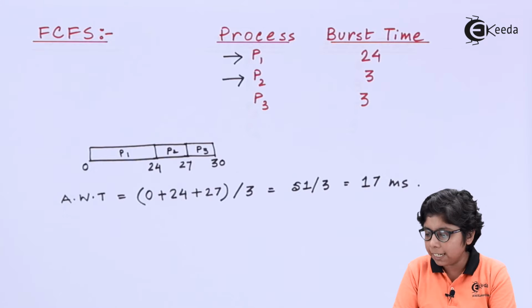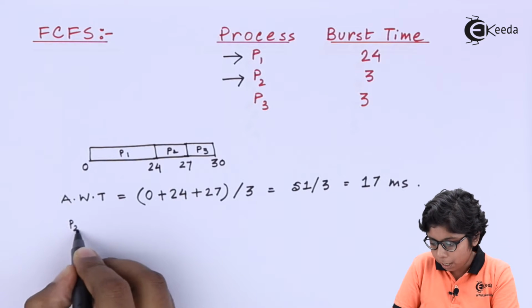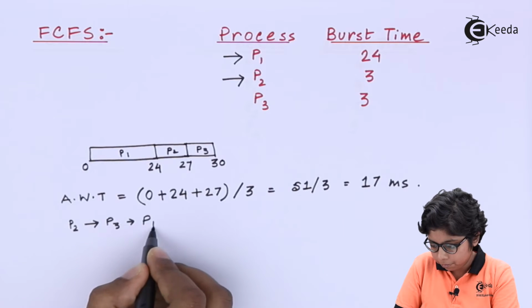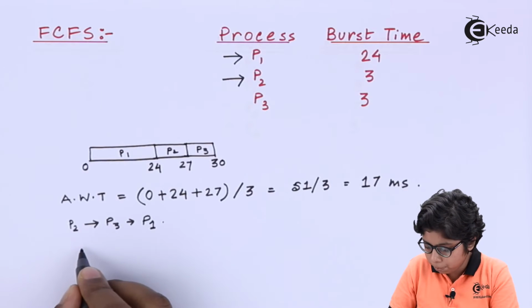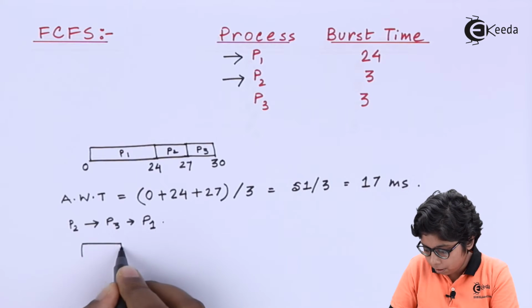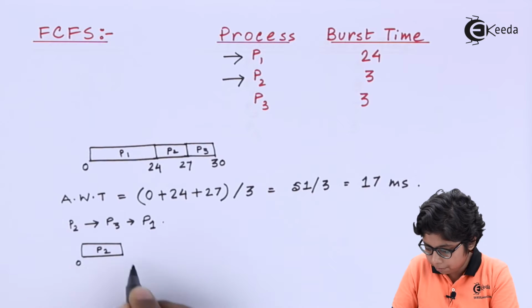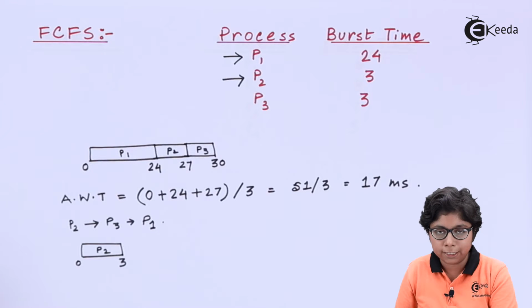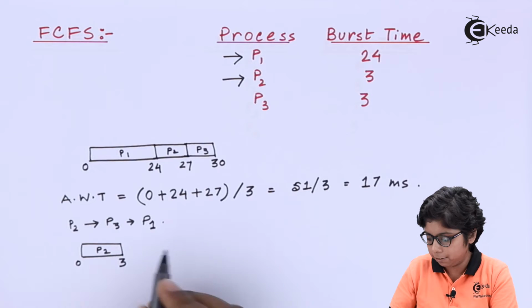But if the arrival order is P2, after that P3, after that P1, then what will happen? First P2 arrives with a burst time of 3 milliseconds. After that P3 arrives and has to wait for 3 milliseconds.